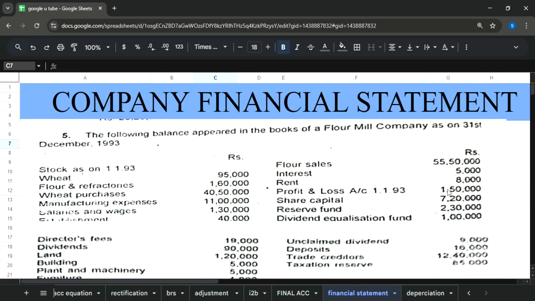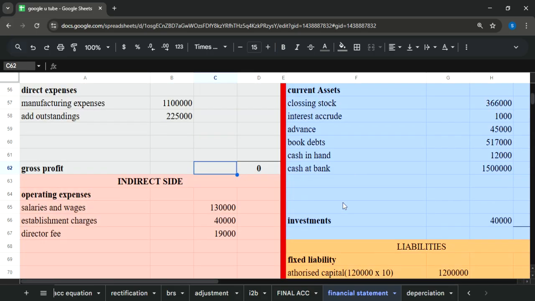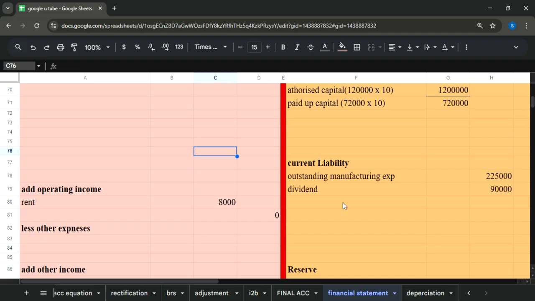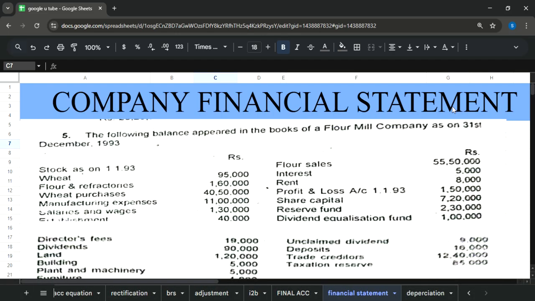Alright guys, now we are proceeding slowly but step by step. It's very important to be focused. Capital 720,000 is already written, I think. Yes, 720,000 capital is already mentioned. Fund, this is your reserve fund.